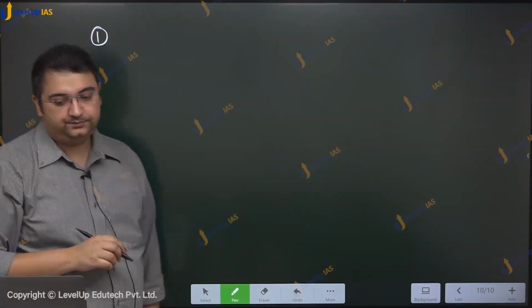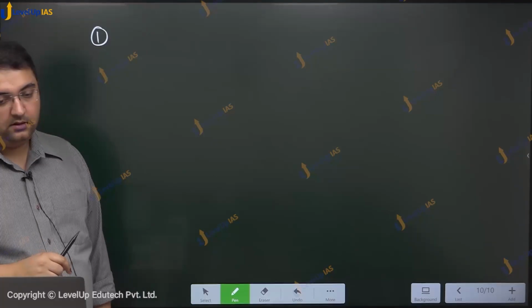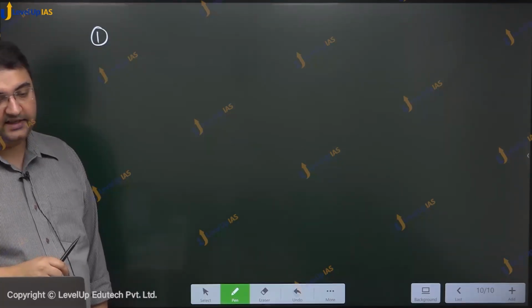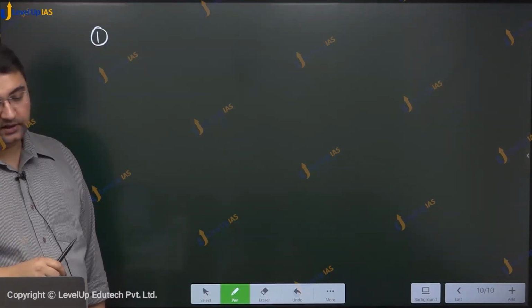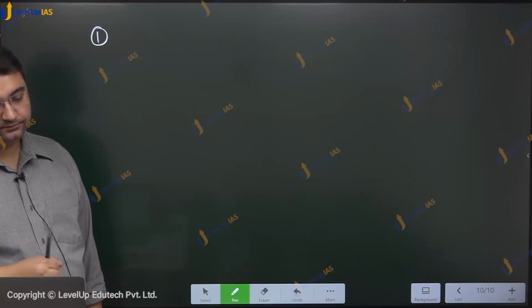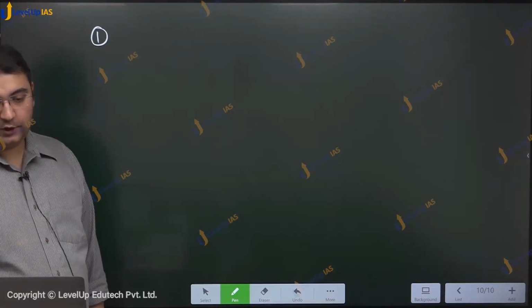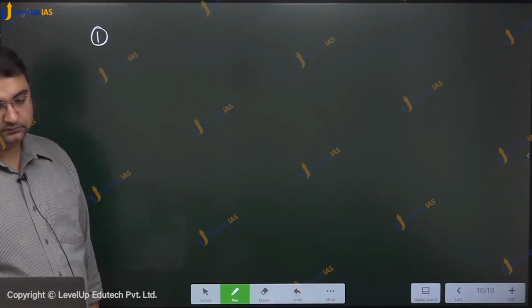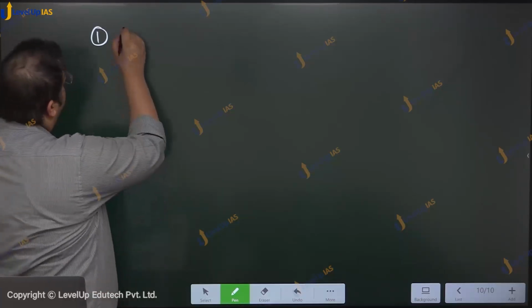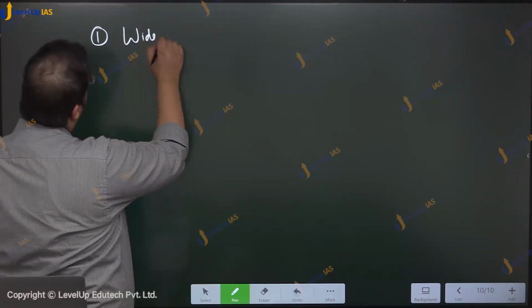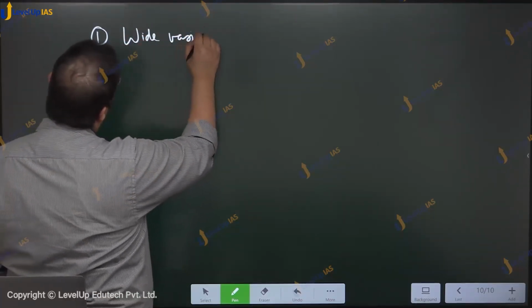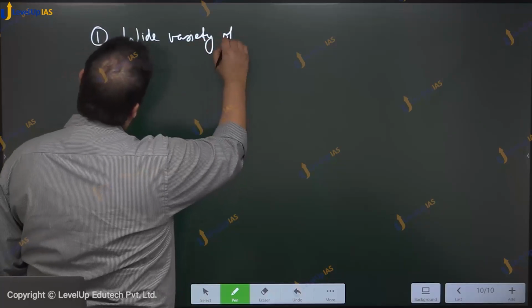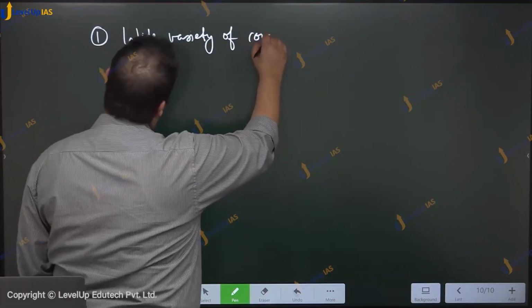Next point likho. Chalcolithic houses were constructed of a wide variety of materials.